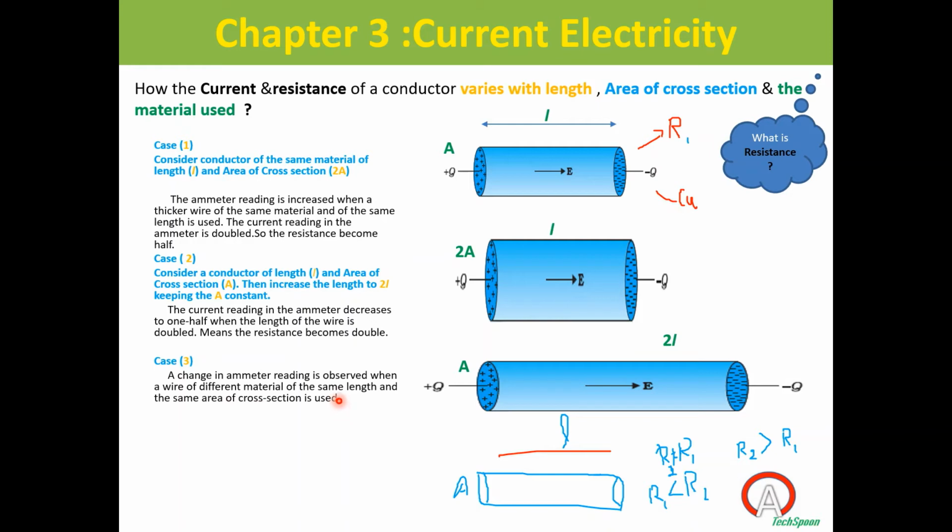Finished? Up to this? A change in ammeter reading is observed when a wire of different material of the same length and the same area of cross section is used. After writing this, you can write one more line.